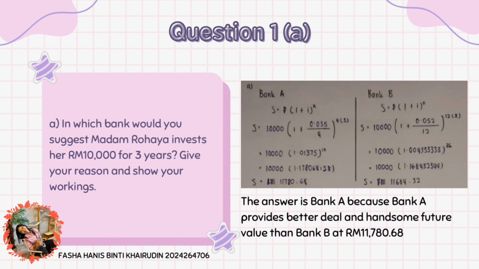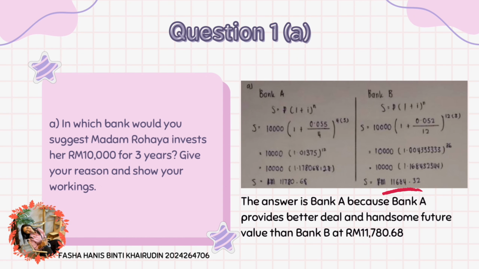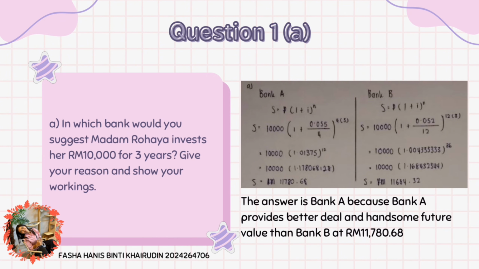So in order to get the final answer, we need to times the numbers in the bracket with 10,000, and the final answer will be 11,684 ringgit 32 cents. So, to answer the question, Madam Rohaya should invest in Bank A because Bank A provides a better deal and a handsome future value than Bank B, at 11,780 ringgit and 68 cents.